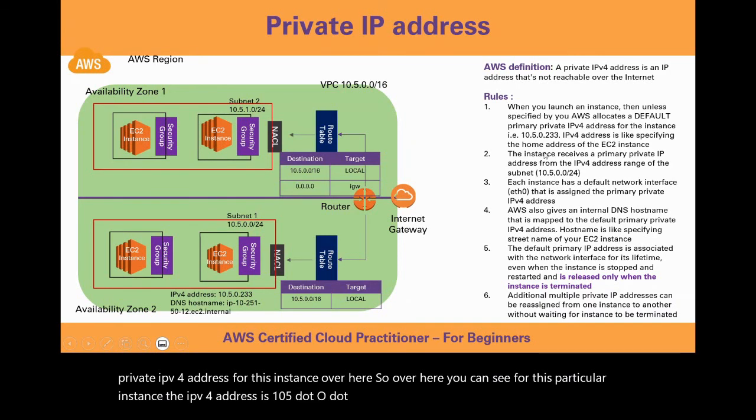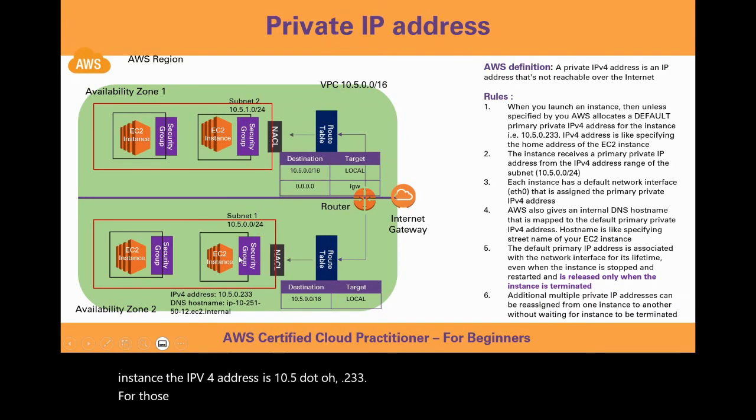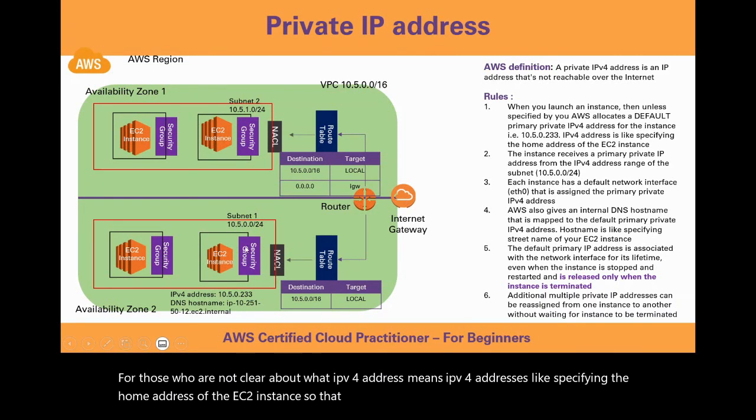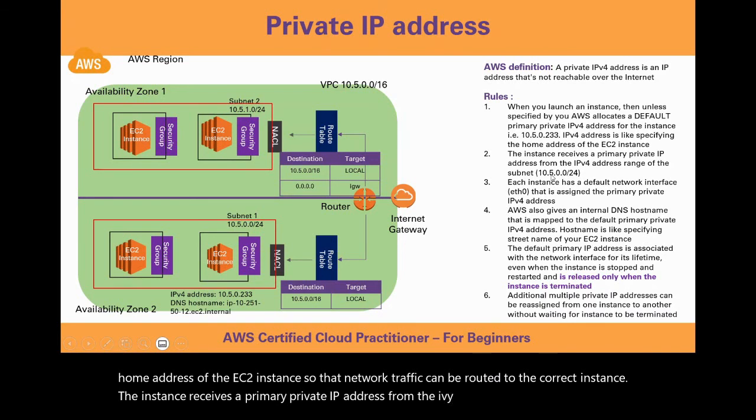Over here you can see for this particular instance, the IPv4 address is 10.5.0.233. For those who are not clear about what an IPv4 address means, it is like specifying the home address of the EC2 instance so that network traffic can be routed to the correct instance. The instance receives a primary private IP address from the IPv4 address range of the subnet.